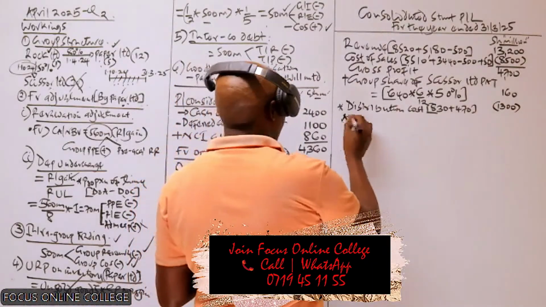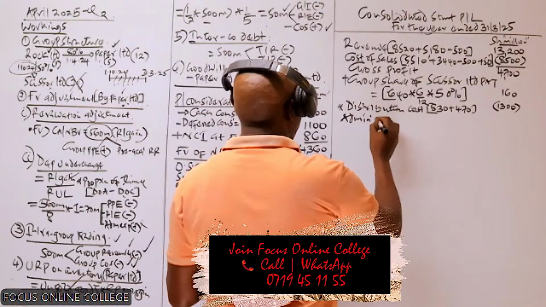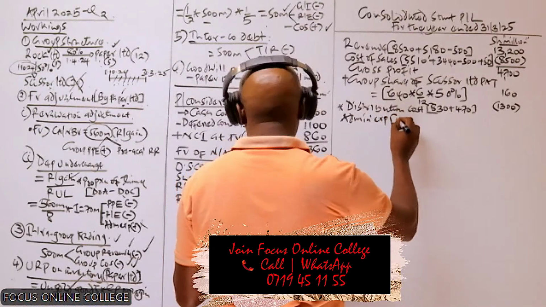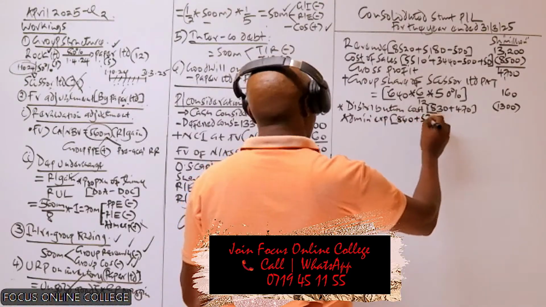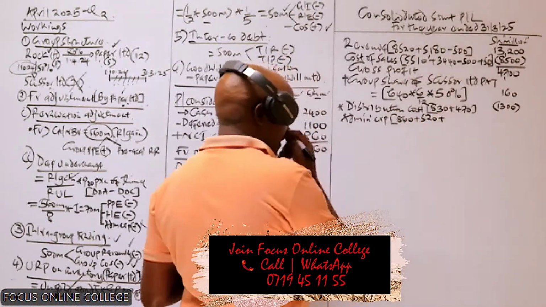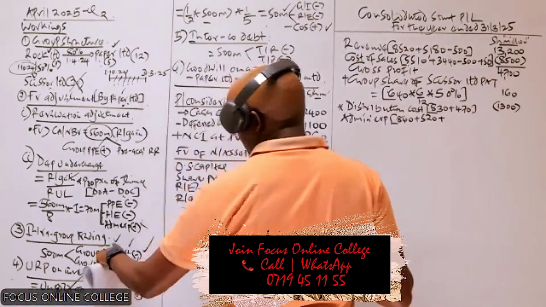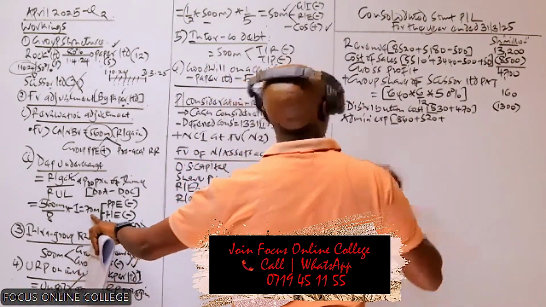So then below that, we have the administrative expenses. We take that of the parent, 860, plus that of the subsidiary, 520. And then to this one, we have to add this depreciation other charge of 70.